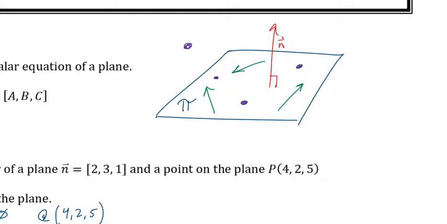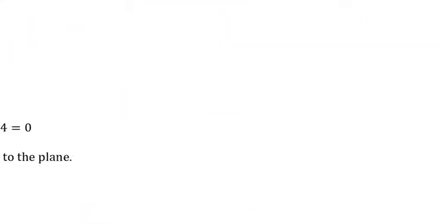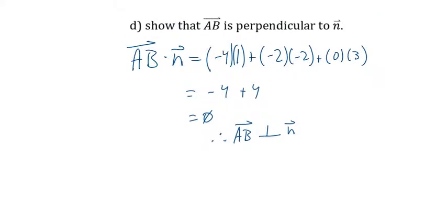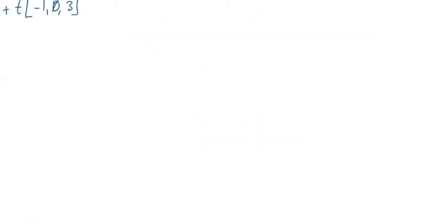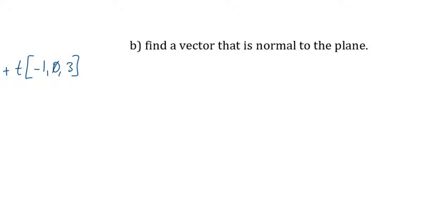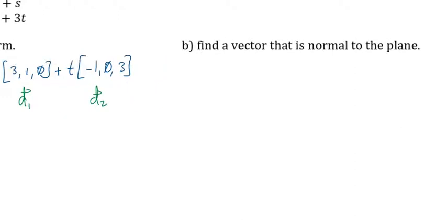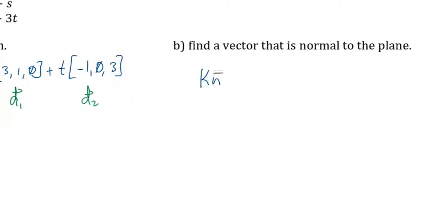Cross these, and we will call them D1 and D2. And remember, that's going to be our normal, or K times our normal vector. And this works out to 3, -9, 1. So I can't really reduce that in any way. So that'll be our normal.